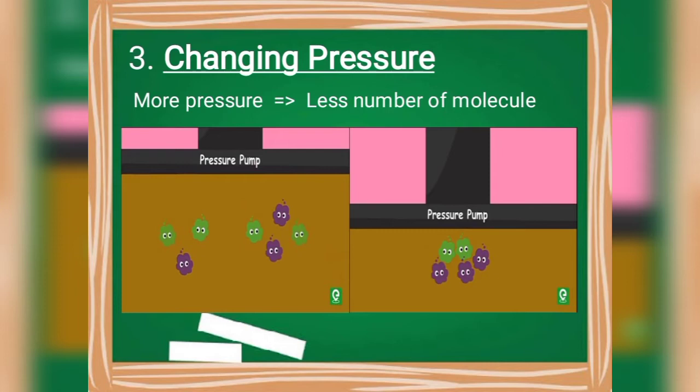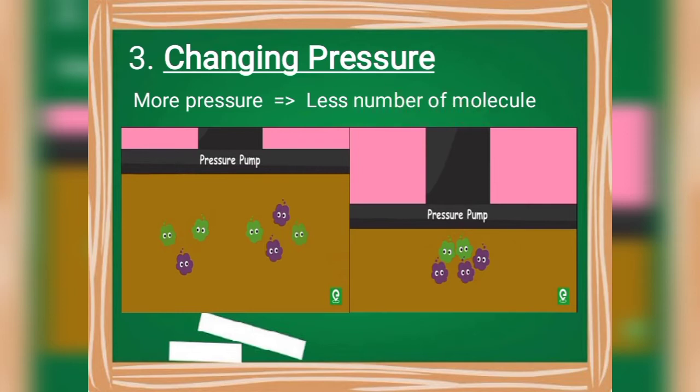Okay, here you can see in the picture, this is a pressure pump. We apply pressure on a system. I repeat that with an increase in pressure on a system at equilibrium, the system moves in the direction with fewer number of molecules.